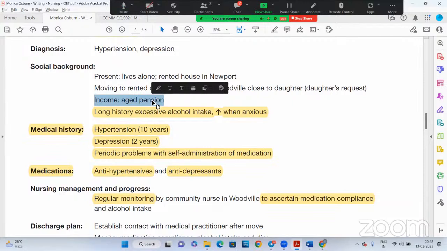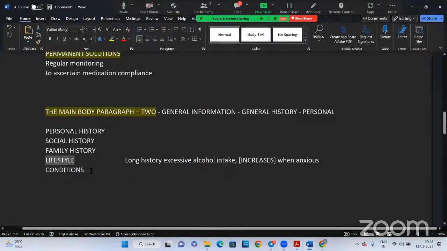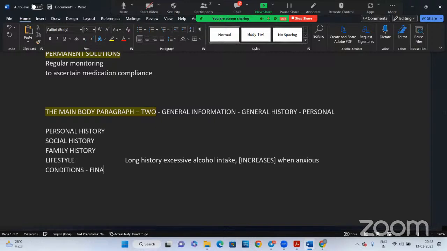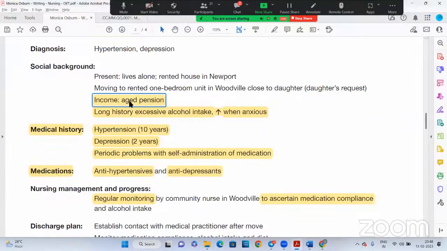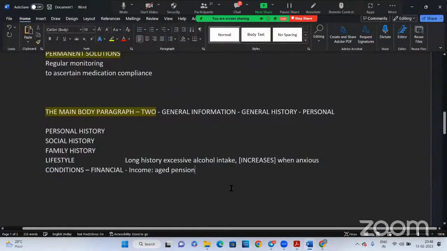This is financial history, financial condition. Her income is only the age pension. She is getting some old age pension. So this is the point.